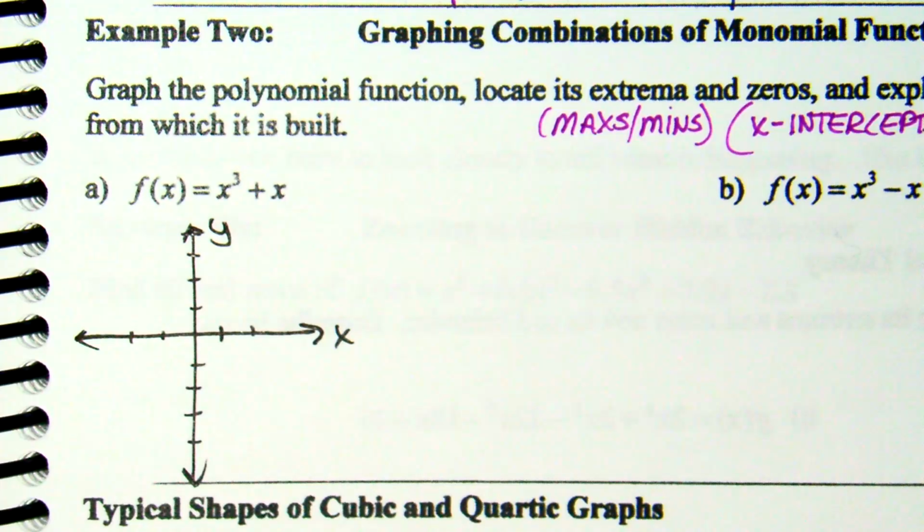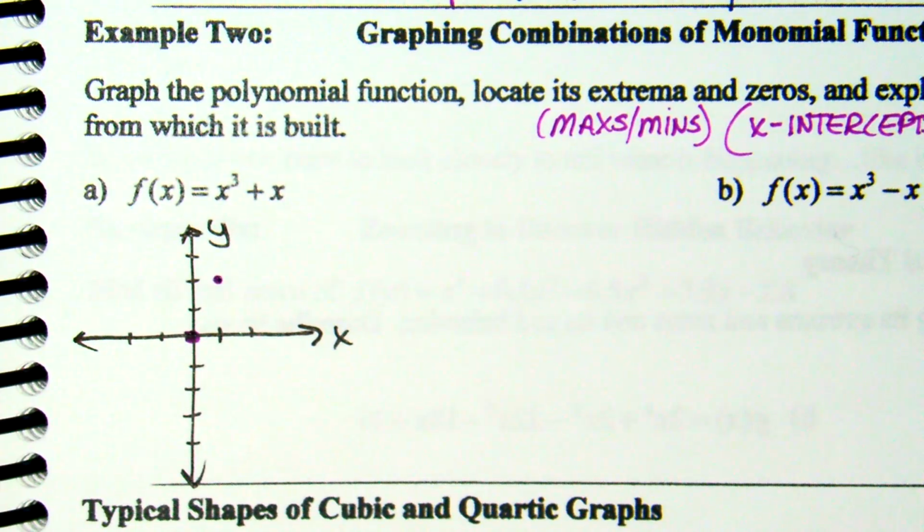What happens if we put in 1? Normally when we put in 1 to just x cubed, we get 1 comma 1. But what happens if we put in 1 this time? Yeah, 1 cubed plus 1, so 1 plus 1 is 2. So then this ordered pair is 1 comma 2. Put in negative 1. Negative 1 cubed plus negative 1.